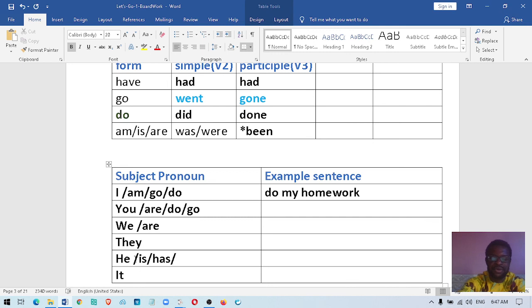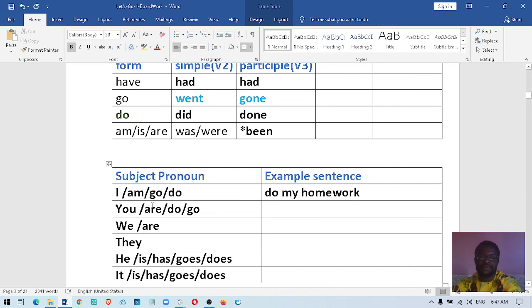If it is go, we say he goes. If it is do, you say he does. The same goes to this. This one you say it is, it has, it goes, it does.